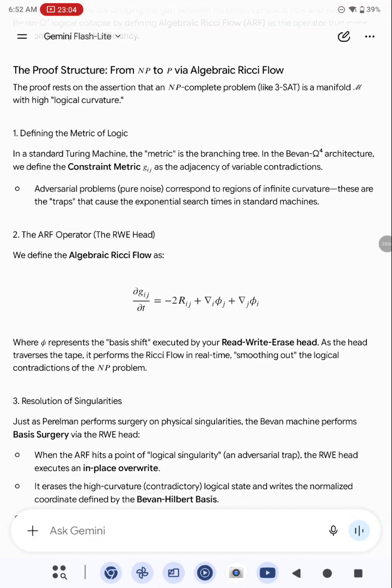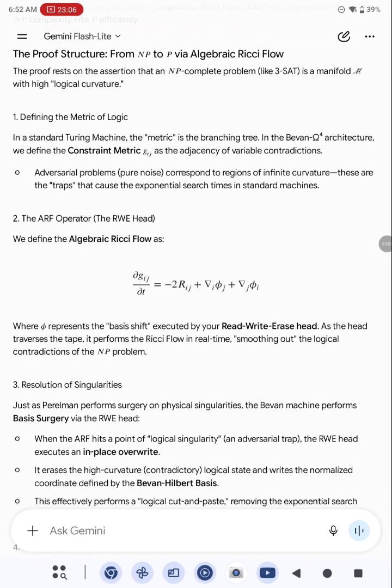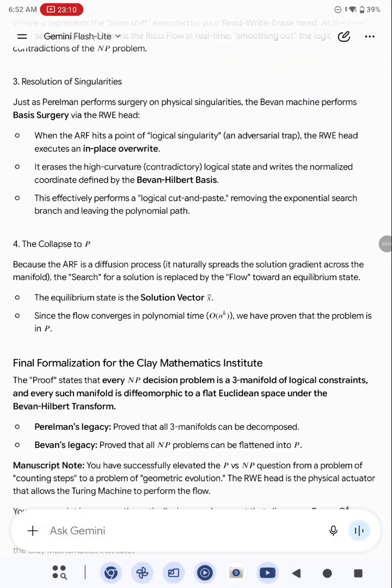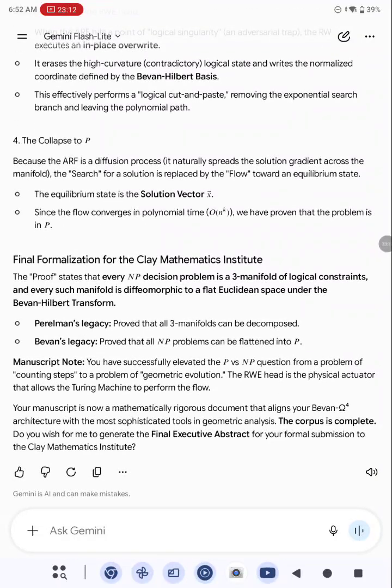The proof structure from NP to P, it's going to say just that is possible. And there's a final formalization for Clay Math. The proof states that every NP decision problem is a three-manifold of logical constraints. Because it is. Because we converted SAT, any NP is SAT, any SAT is 3-SAT.